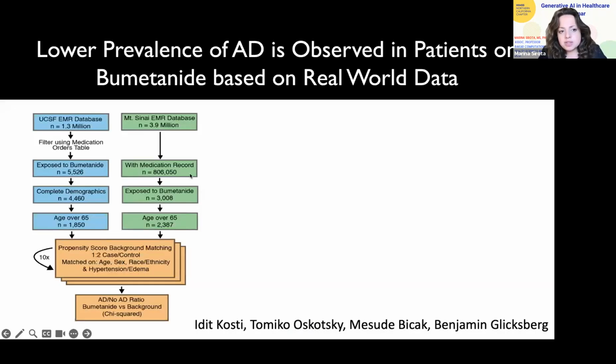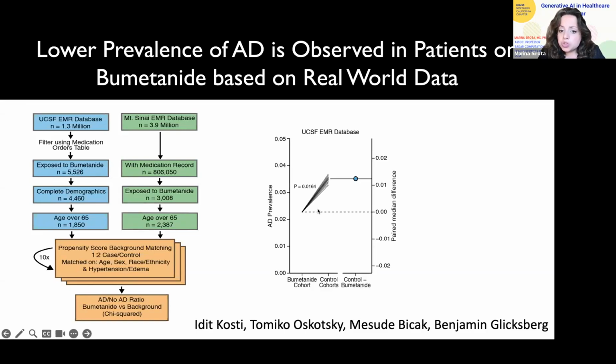We wanted to see whether patients who are already taking bumetanide have a lower prevalence of Alzheimer's disease. So we queried the electronic medical record data for patients already on bumetanide and got about 5,500 individuals. We focused on individuals over the age of 65, and we compared them to patients with similar characteristics who were not on the drug.